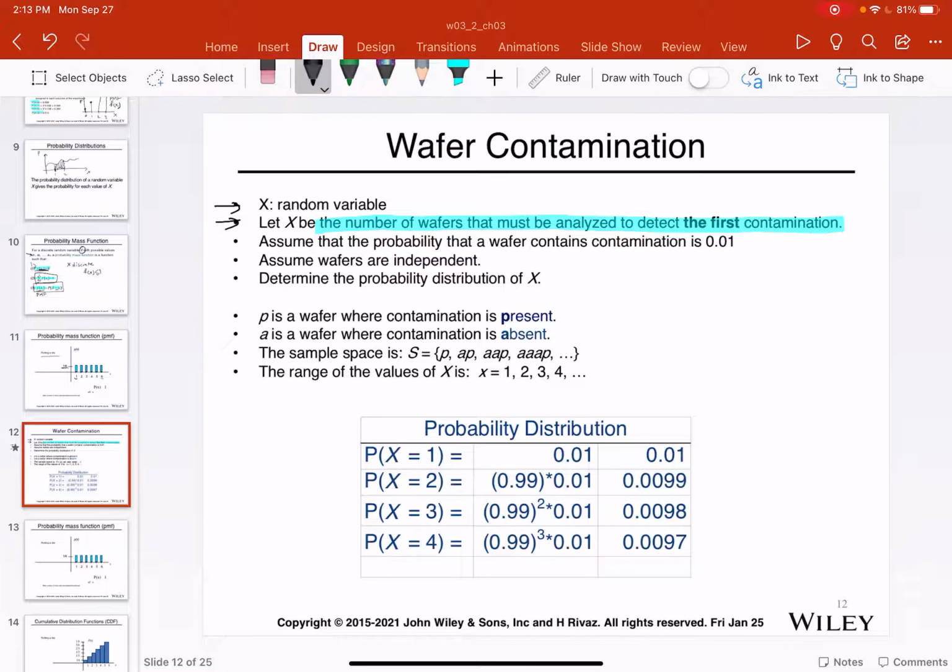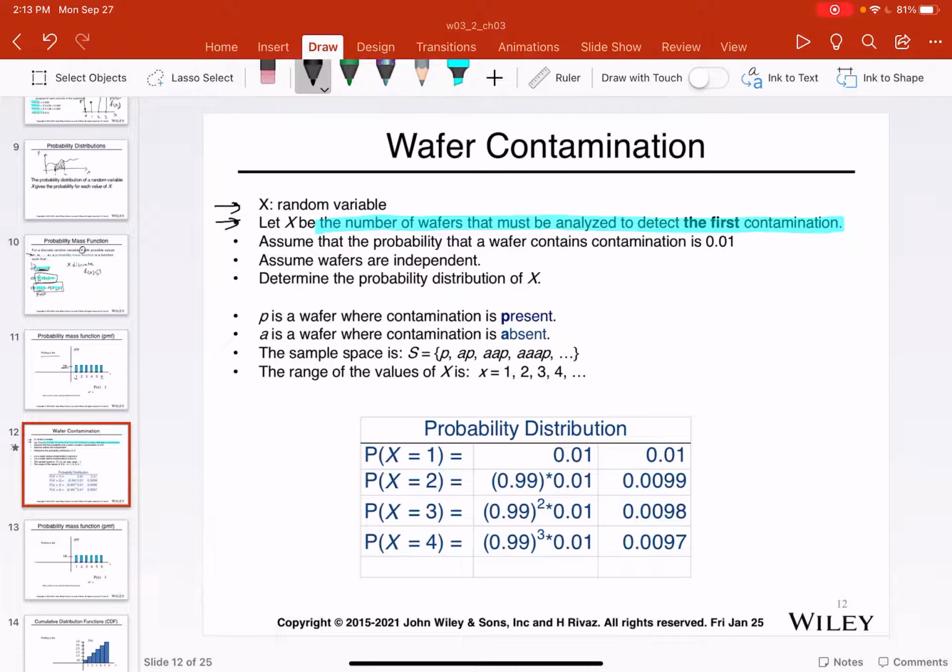Let's say you're at a company that has practically an infinite number of wafers. You want to find the first wafer that is defective to analyze it, to find out why it's defective. So x is the number of wafers that must be analyzed to find the first contamination. Once you find the first contamination, you abort the experiment. You're done, that's success, because now you will analyze that to find out what's going on.